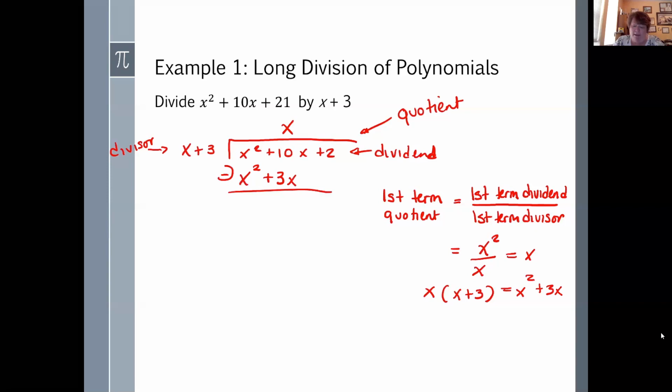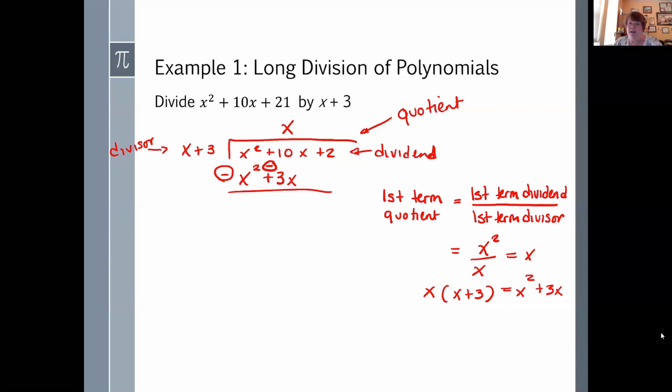That's going to be minus when I subtract. I have a plus 3x. That's going to be minus when I subtract. So I'm subtracting x squared minus x squared. That's 0. And that is what should happen if you've done your long division correctly. The first term in the dividend and the first term in this product should subtract off.